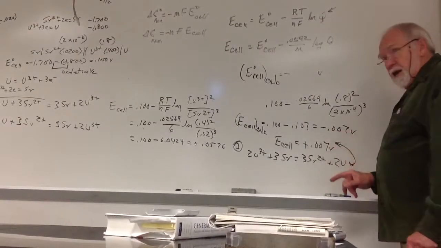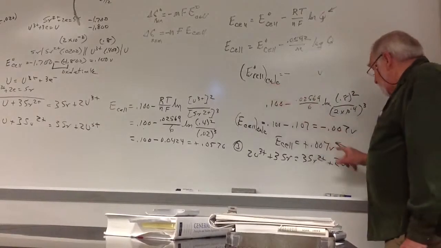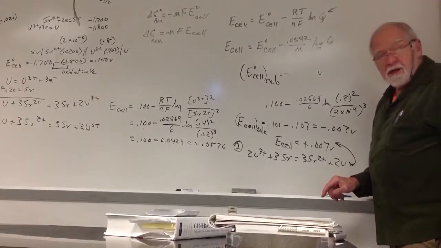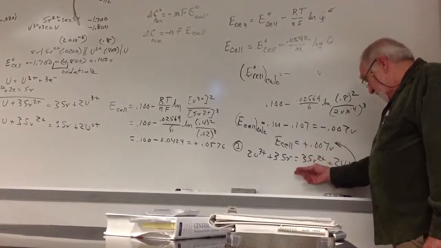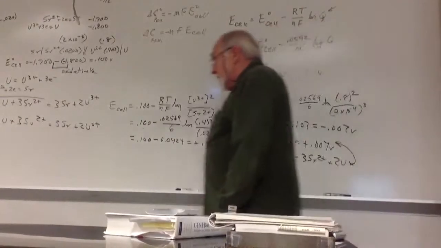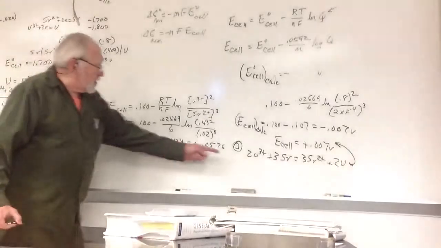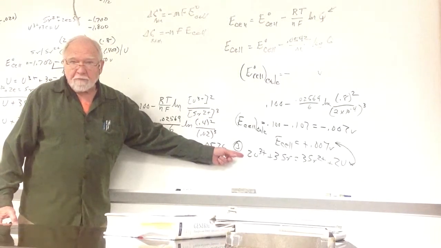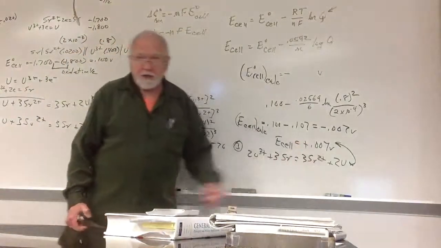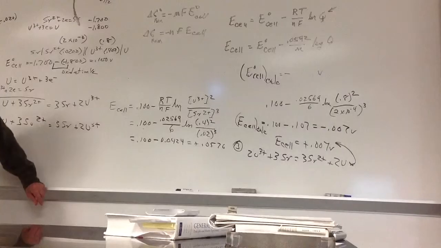Since I calculated a negative number for Ecell, it said that wasn't the spontaneous reaction, this is the spontaneous reaction, it reversed. But at standard states, this reaction would have had a positive delta G because it's not spontaneous at standard states. But notice, the delta G for this would still be what? A negative number using this in the calculation. Minus nFE calculation.